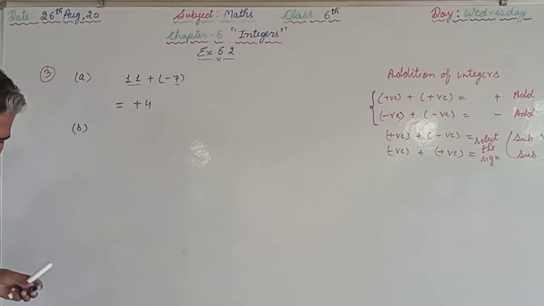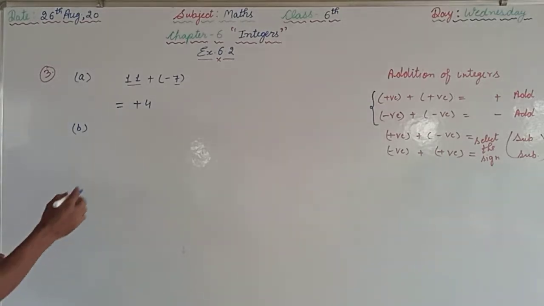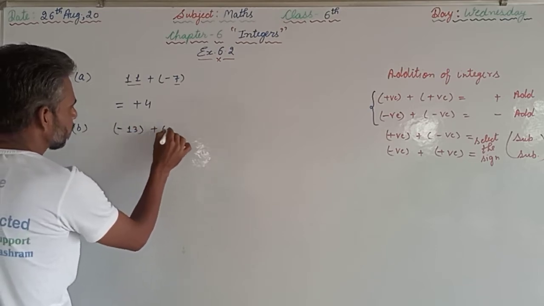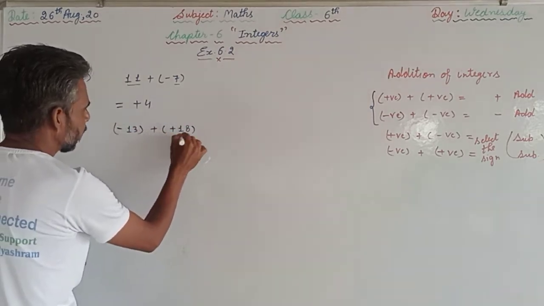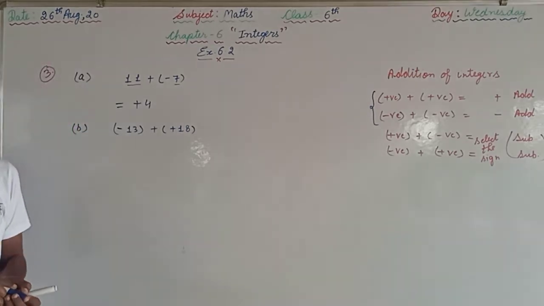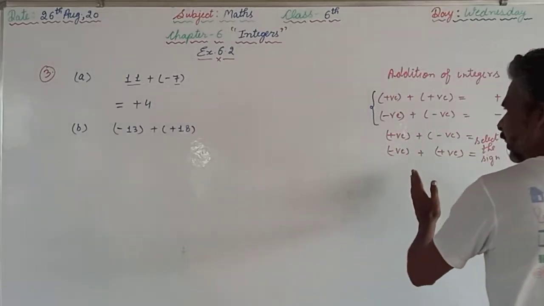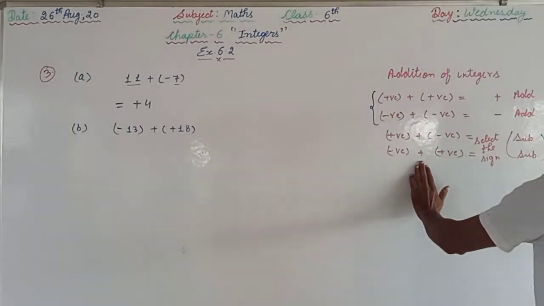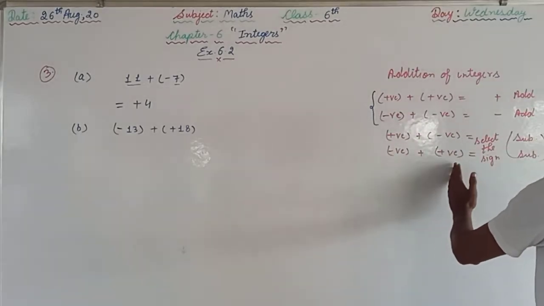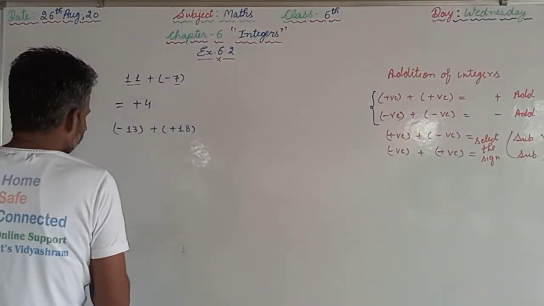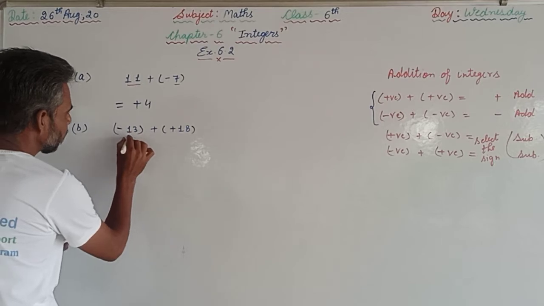Second part, the B part is there, minus 13 plus 18. Minus 13 plus 18 means again the different signs are there. First one is the negative and the second one is the positive. Again we have to select the sign. So again we have to compare the magnitude of the numbers.